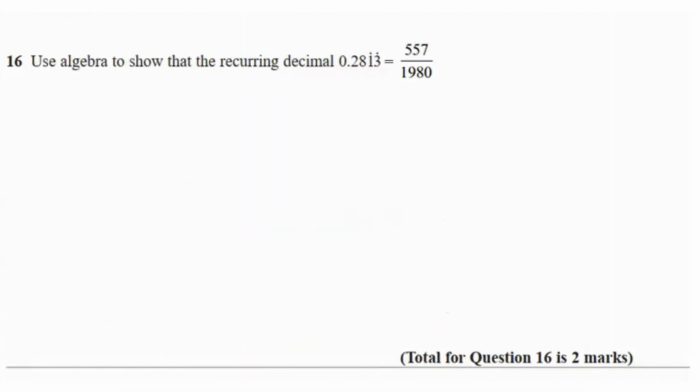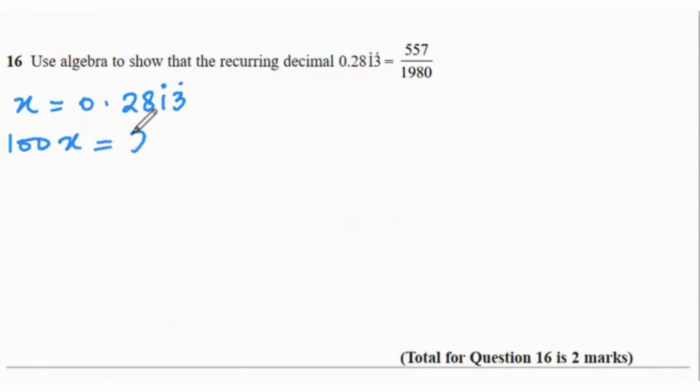In this question, it says use algebra to show the recurring decimal 0.2813 recurring equals 557 divided by 1980. So same thing, x equals 0.2813 recurring. If we multiply x by 100, 100x equals 28.13 recurring.